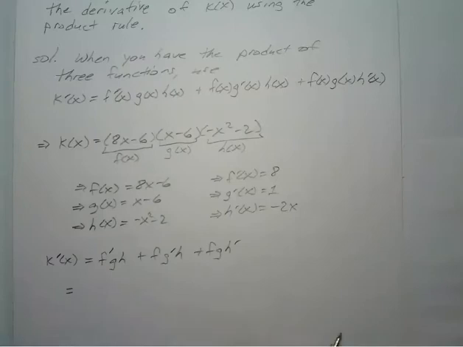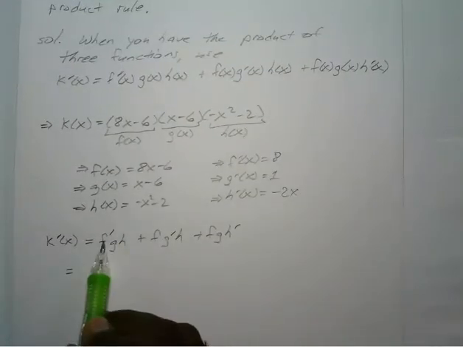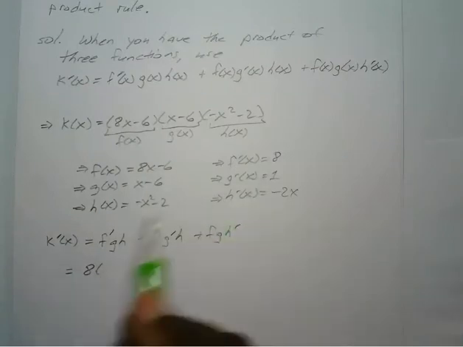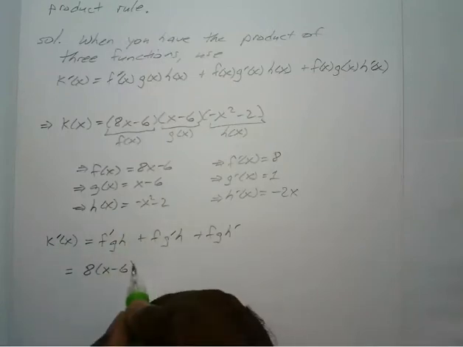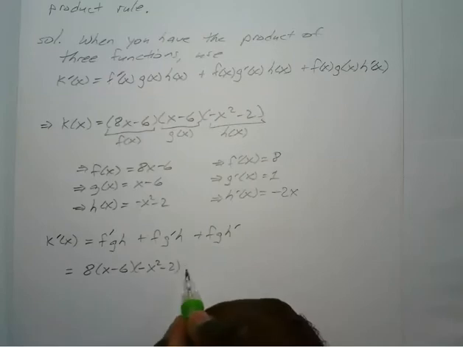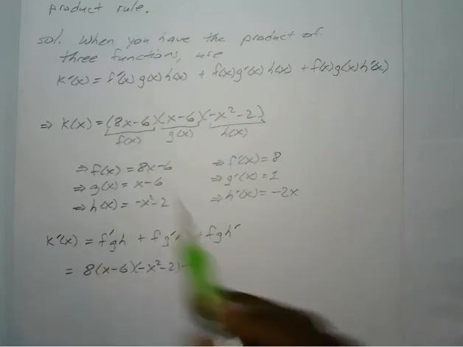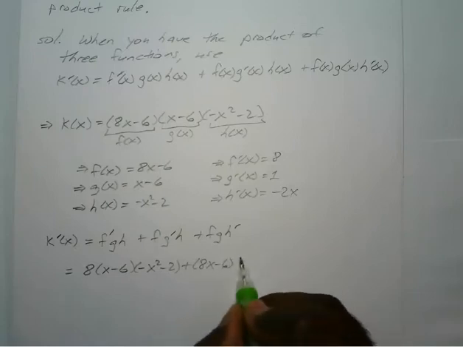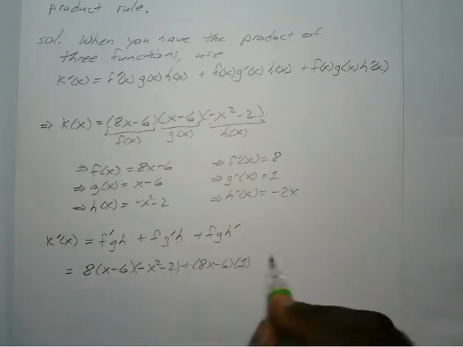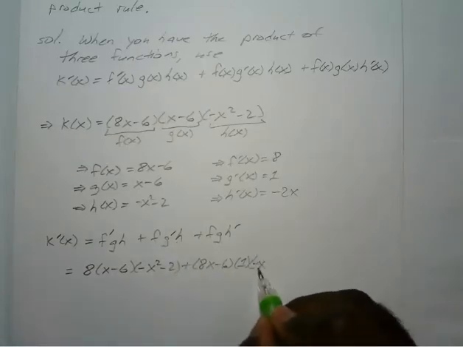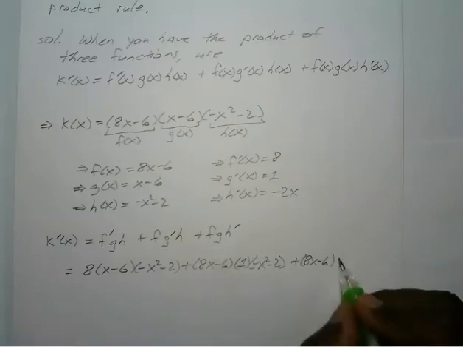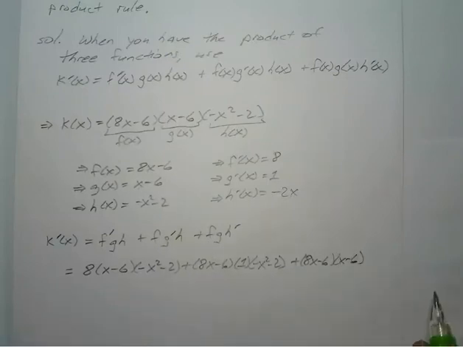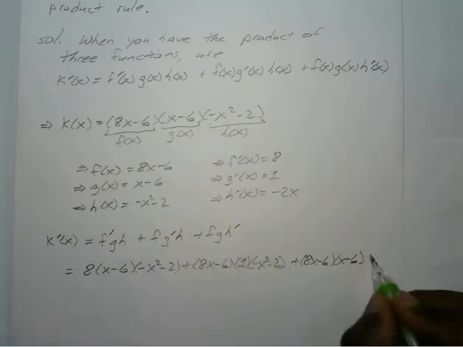Okay, so that's going to equal your f prime, which is 8, times your g, which is x minus 6, times your h, which is negative x squared minus 2, plus your f, which is 8x minus 6, times your g prime, which is 1, times your h, which is negative x squared minus 2, plus your f, which is 8x minus 6, times your g, which is x minus 6, times your h prime, which is negative 2x.